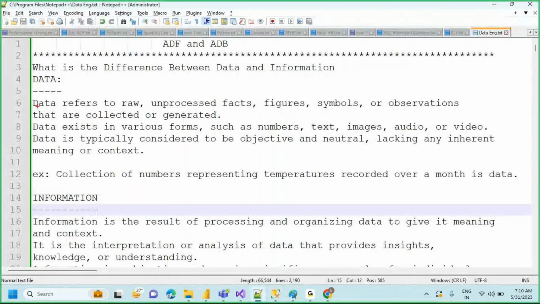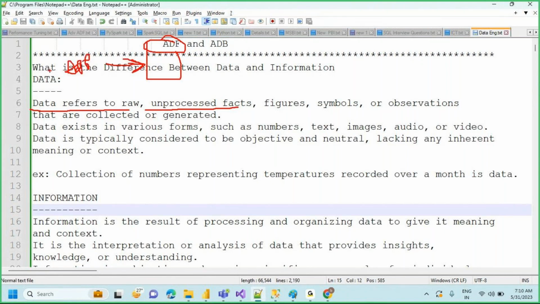Data refers to raw, unprocessed facts. We are not going to have processed data; we just keep everything inside as raw data only. That may be figures, symbols, and observations. This data is generated by applications.